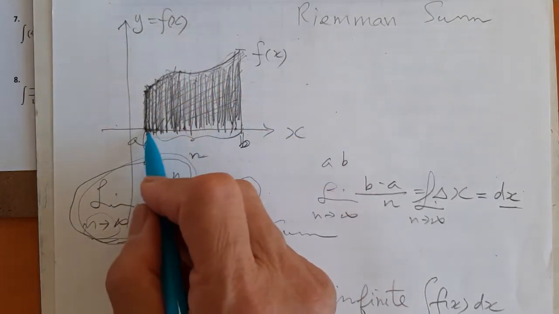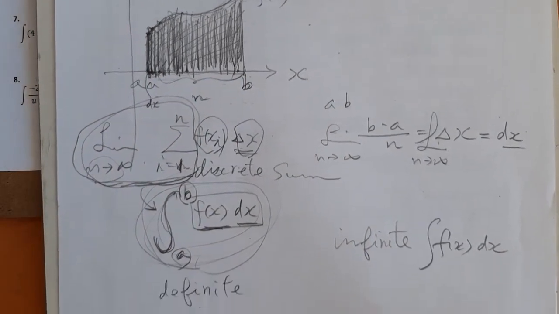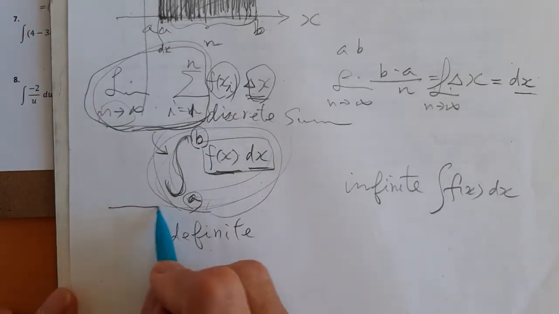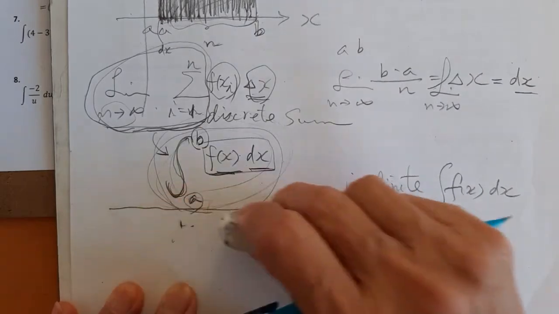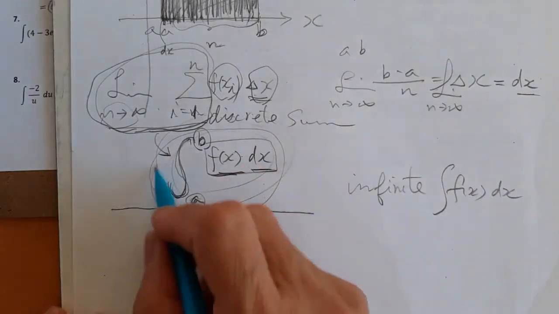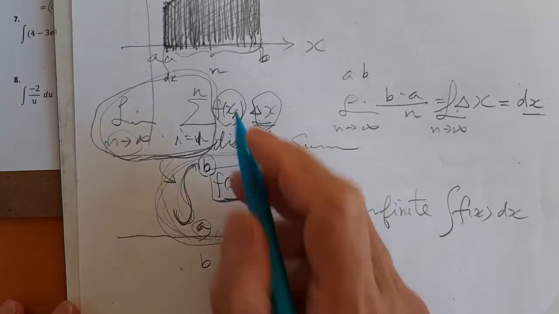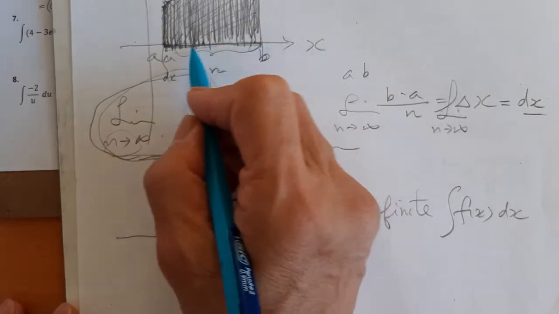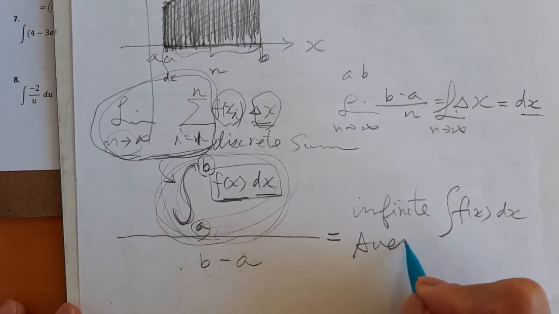If you divide it by the total base, you figure out the area, and then divide by the base, you will get the height. And this height we call the average value.